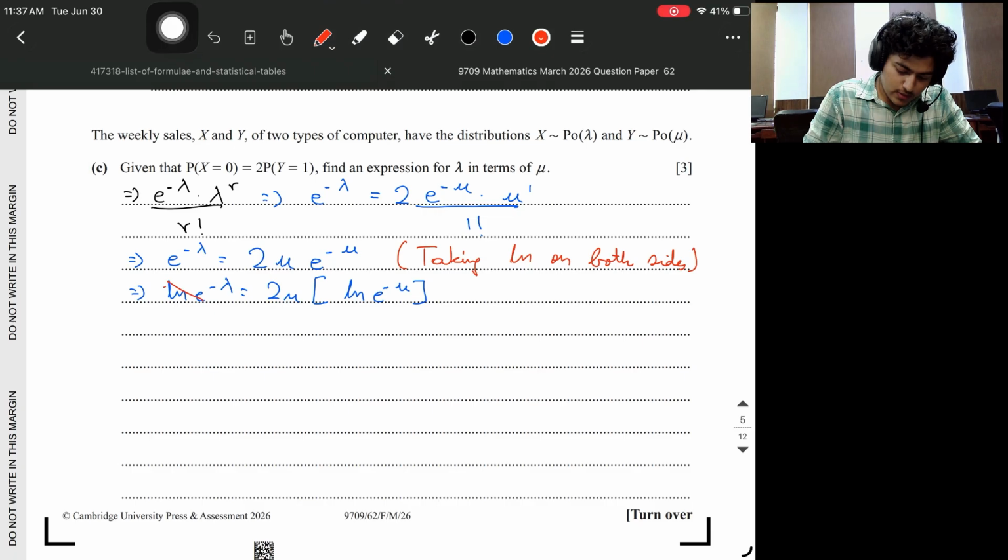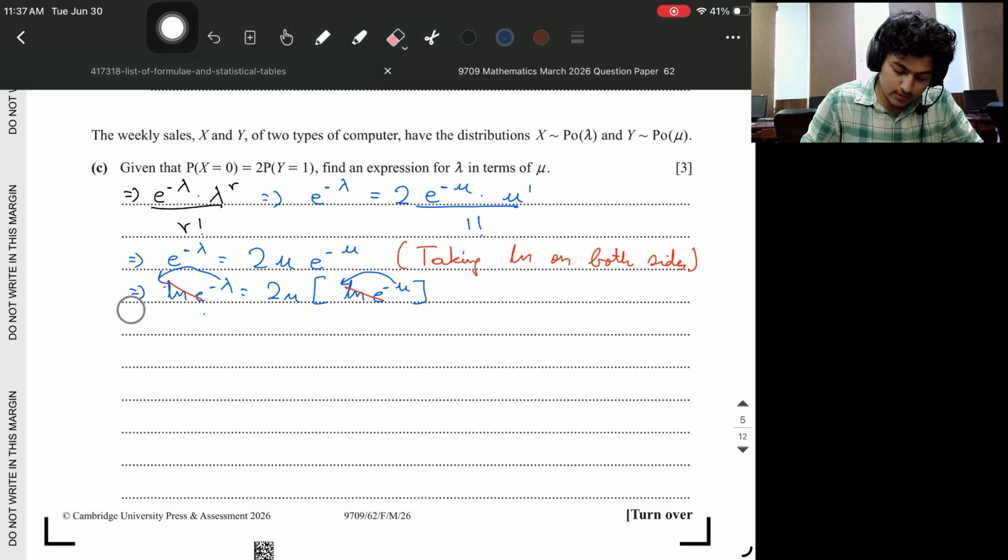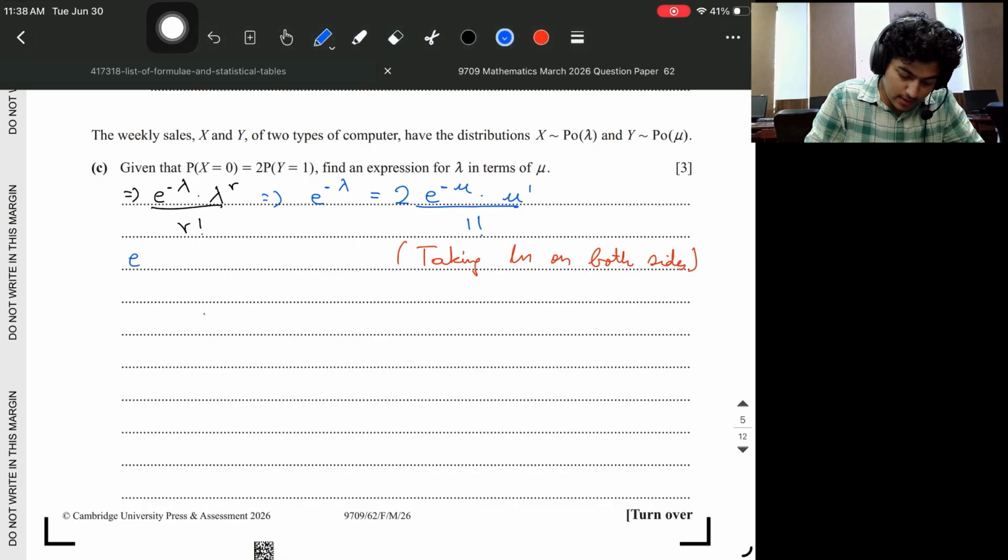Now this will cancel out, the powers will come down, so minus lambda equals 2 mu minus mu, right? My bad. Simplifying the formula again, e to the power of minus lambda equals 2 times e to the power of minus mu times mu upon 1, just mu.